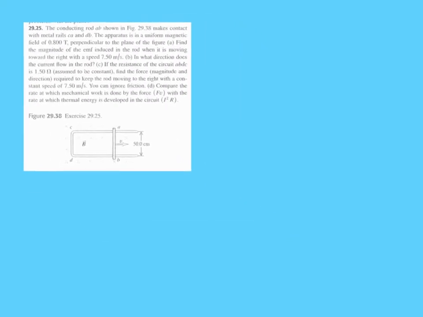Oops, sorry. Okay, so they want us to find the magnitude of the EMF. Okay, that's gonna act on it. And we know that E is gonna be the magnitude of V, B, L, where V is gonna be the velocity. So it's going to be in meters per second. Well, that's not the magnitude, so we don't have to care about that.